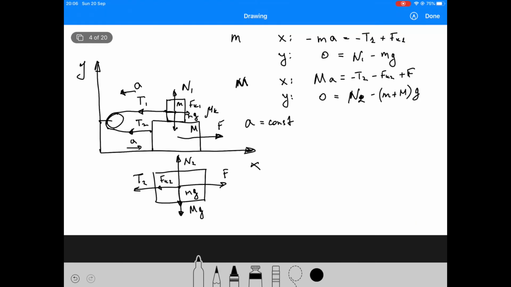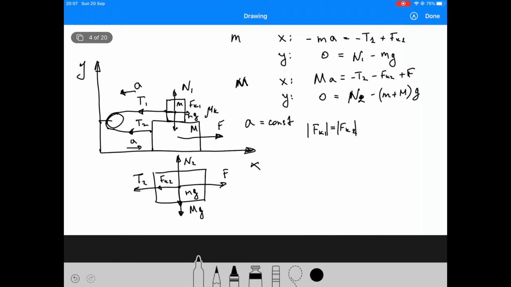So now we can consider, according to the third law of motion, that F kinetic friction 1 is equal to F kinetic friction 2, I mean in absolute values.